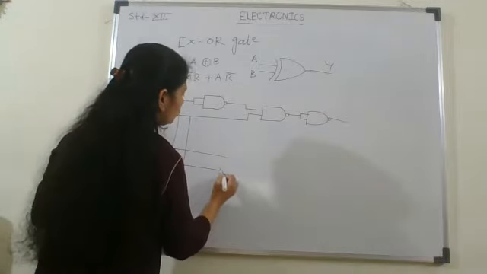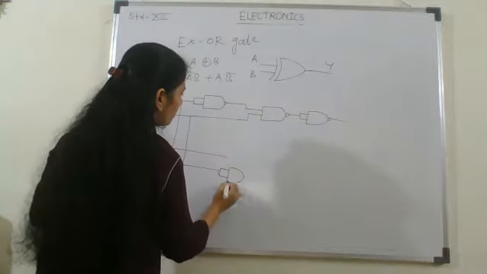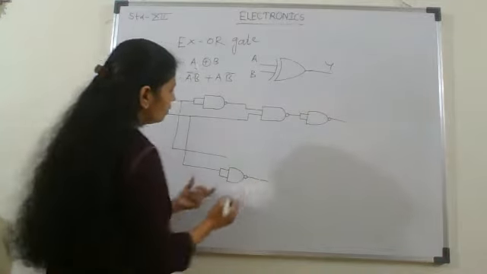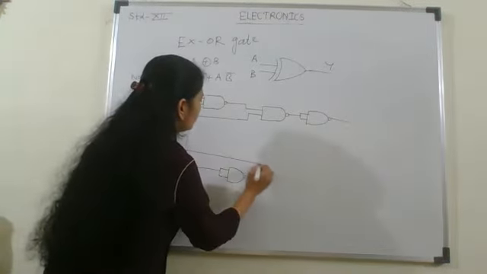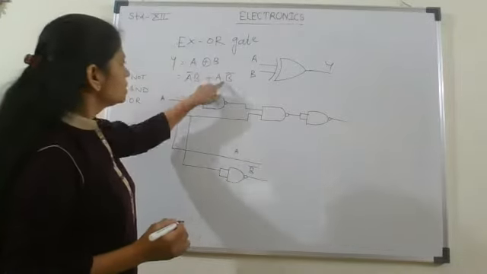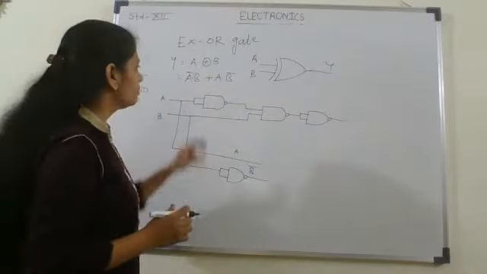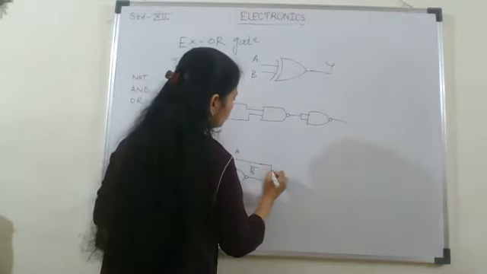So we took A, this is our A, and from here we took B, but to this B we want B bar. So we have to connect one NOT gate using NAND gate here. Then here we got A and this is B bar. Now this is a dot product. Dot means an AND gate over there. So we have to connect this with this AND gate.